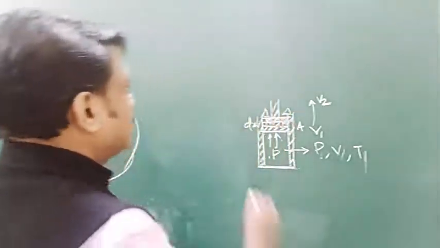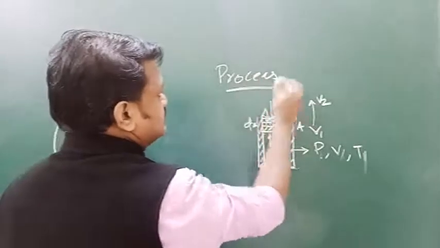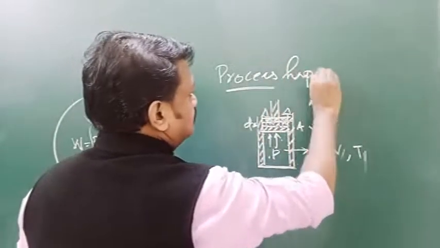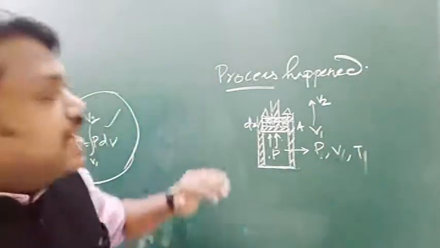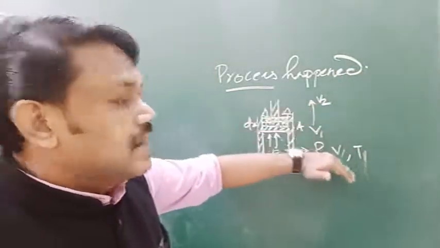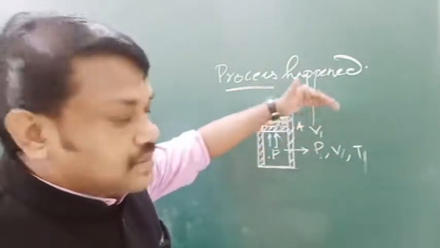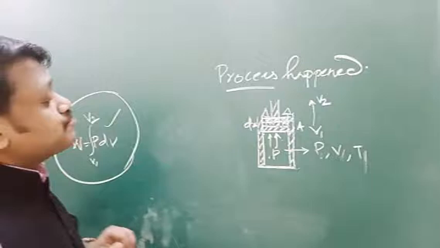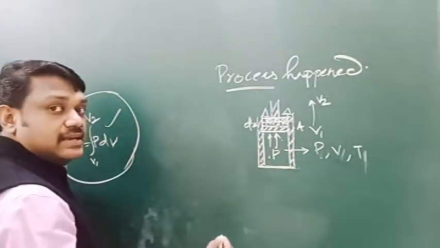That means a process had happened. A process happens when any one of the variables changes. So here the process happened when the volume changes.